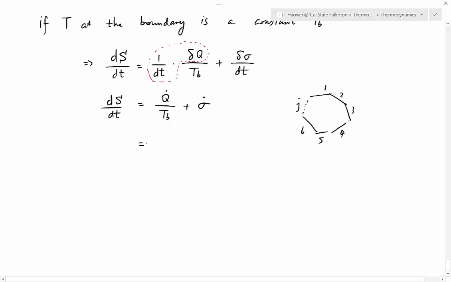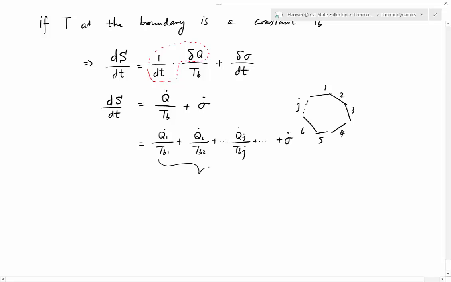You can rewrite it as Q1 dot over TB1 plus Q2 dot over TB2 plus every single surface, up to TBJ till the very last one, and then add the last term, sigma dot.